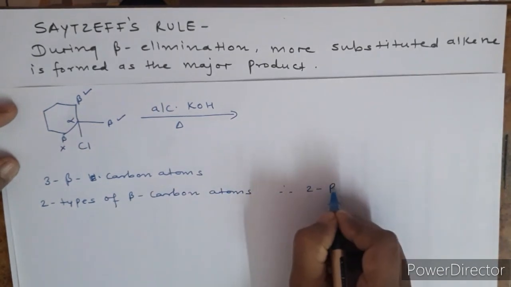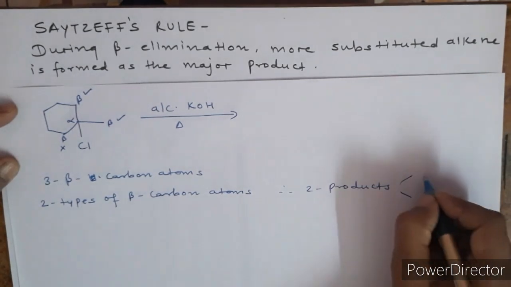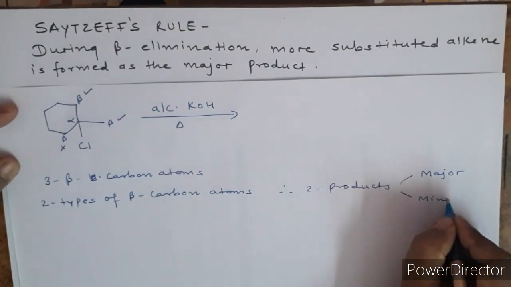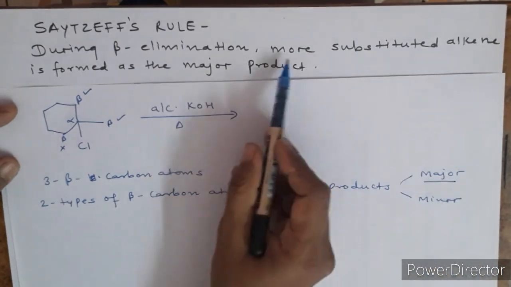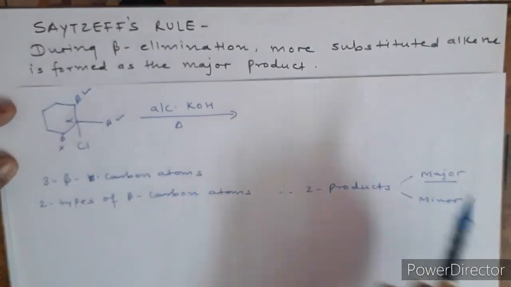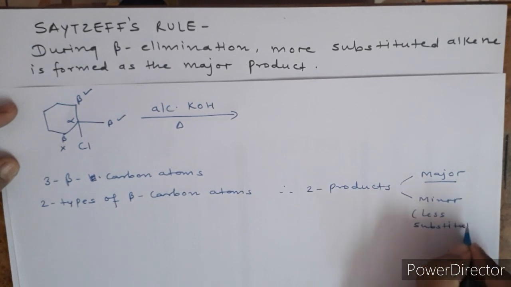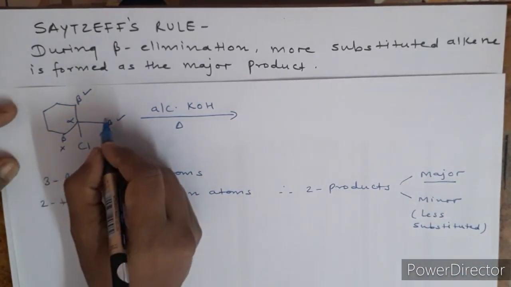And therefore there are 2 types of products which I can make. One will be the major and one will be the minor. Major will be the more substituted and minor will be the less substituted. So that's the rule. Let us remove the H plus.